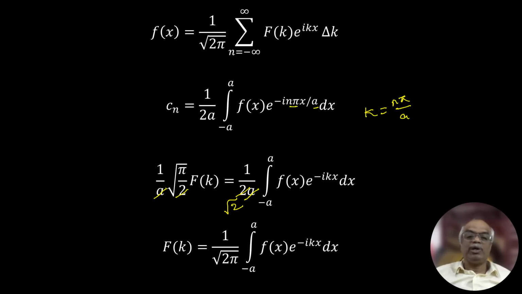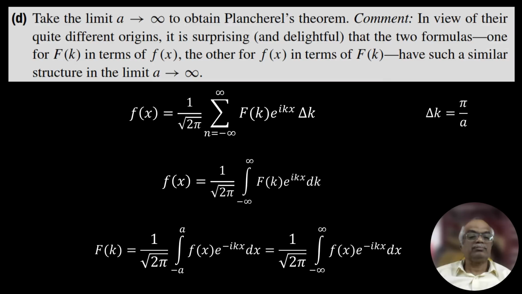Now we will move on to section D. Section D is: take the limit a tends to infinite to obtain the Plancherel theorem. In view of their quite different origin, it is surprising and delightful that the two formulas, one for F of k in terms of f of x and the other for f of x in terms of F of k, have similar structure in the limit a tends to infinite.